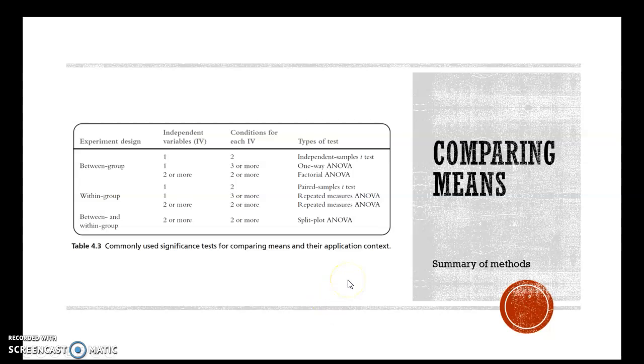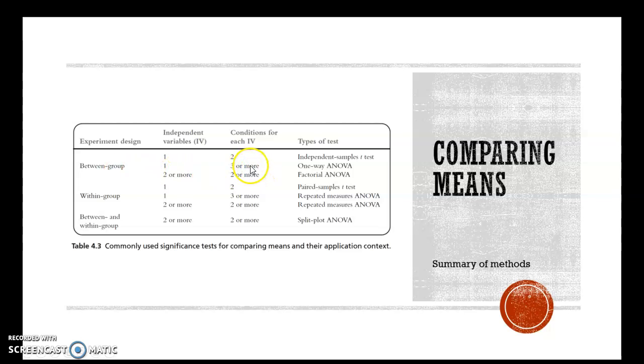So for different types of experimental design, we're going to have different tests. For example, in a between-group design, each participant only goes through one test. If there are two conditions with one independent variable, for example using two different operating systems and testing the performance speed, then you will be able to use the independent sample t-test to analyze the result.